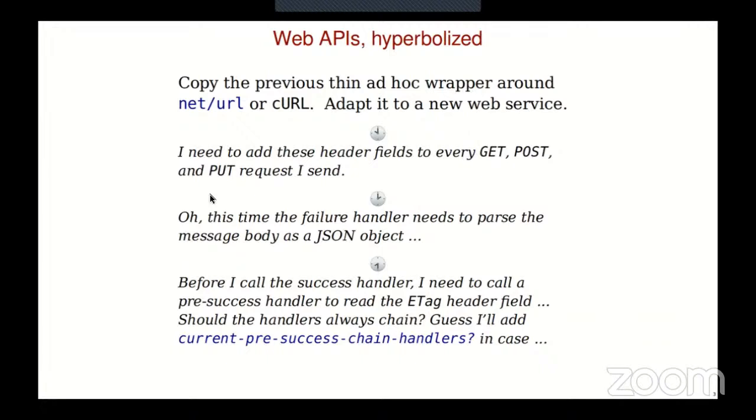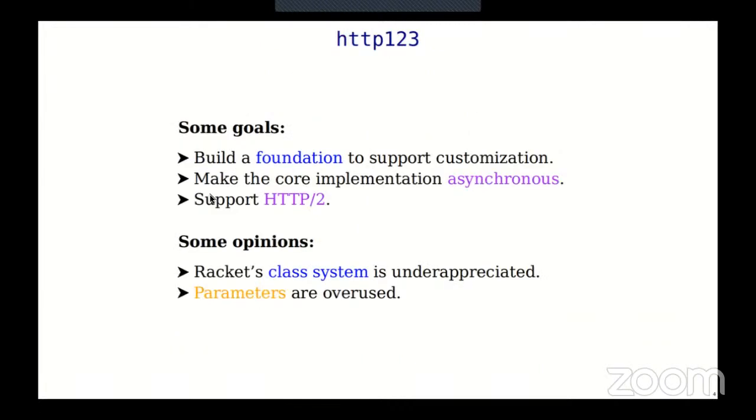So I wanted to try a new approach to building a client library. In particular, I wanted to build a foundation to support customization. I think that accepting a little bit of complexity up front and accepting this idea of some assembly required will make a cleaner foundation and a better experience overall.